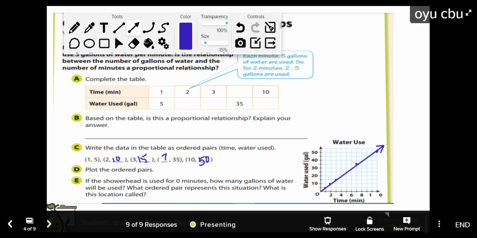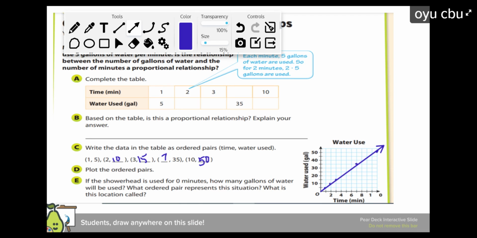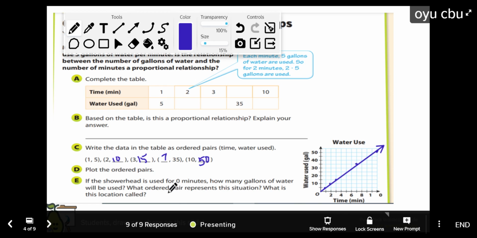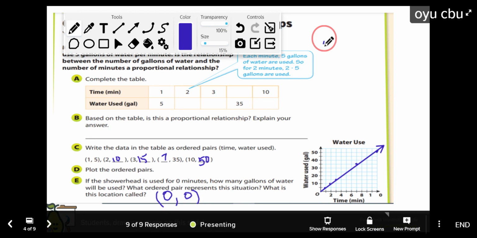So once you graph it, I want you to have noticed that if you use the shower for 0 minutes, you use 0 gallons. So here's your two things for how to tell if a graph is proportional.